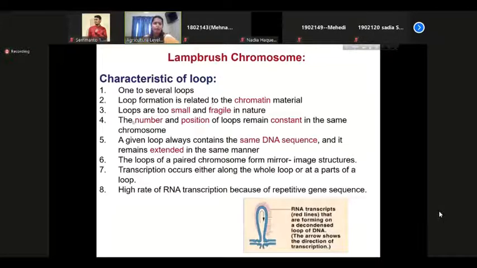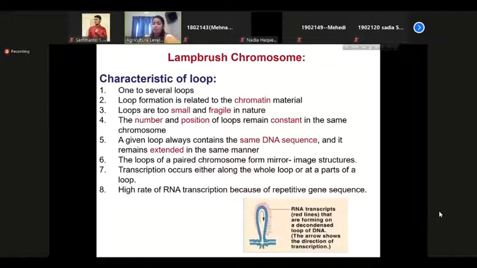The number and position of loops remain constant in the same chromosome. Although they are fragile, the number and the location where they produce the loops is consistent. For example, if chromosome number 1 has 100 genes, maybe it can produce 100 loops. In chromosome number 2, for example, if there are 1,000 genes, then it can produce 1,000 loops.